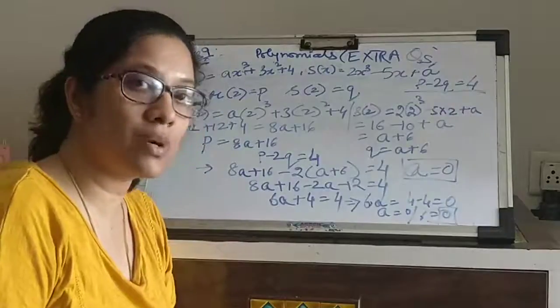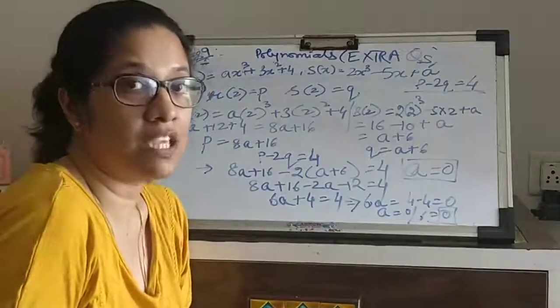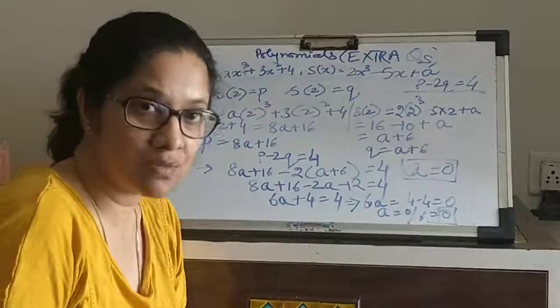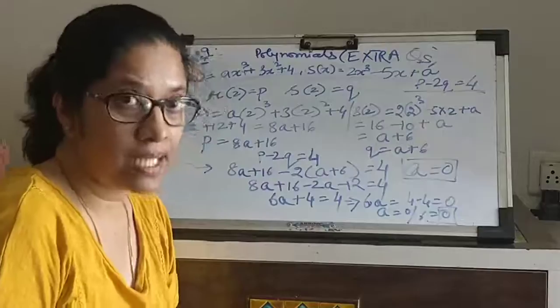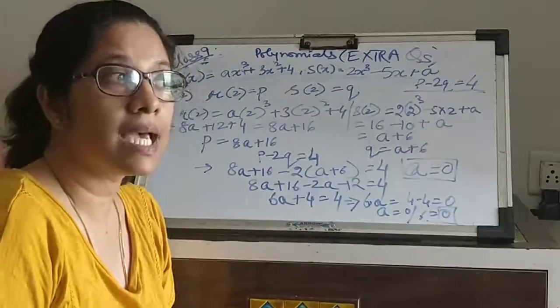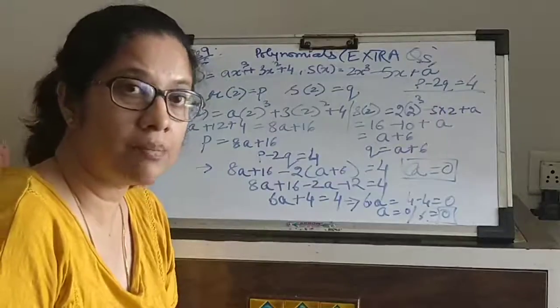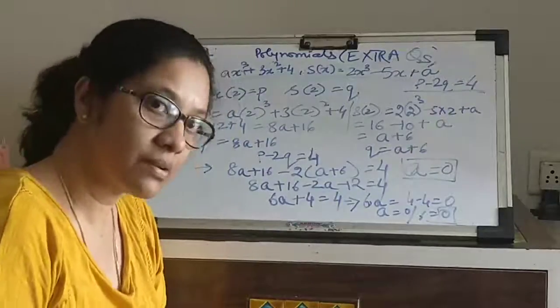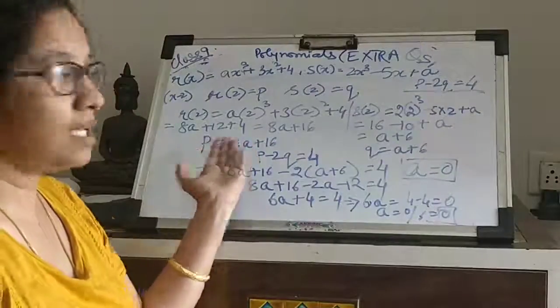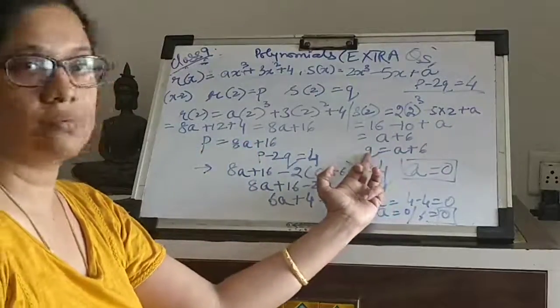So in this particular question, if x minus a happens to be x minus 2, we simply say the remainders would be R(2) and S(2). That is, we simply calculate the value of the polynomials by replacing x with 2. Correct? And we get R(2) as p, S(2) as q.